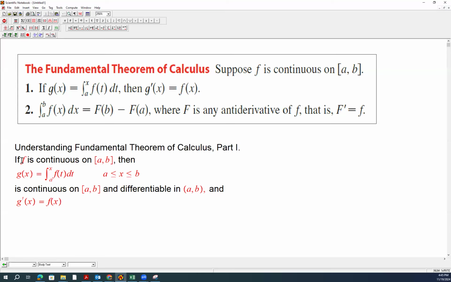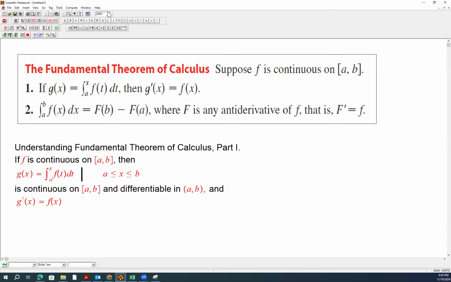It says, if f is continuous on a closed interval, then g is defined. Okay, so g is a function that is defined as the definite integral from a to x.